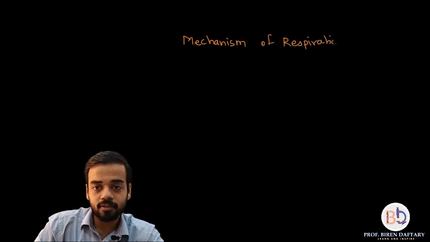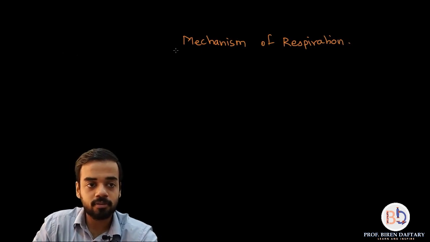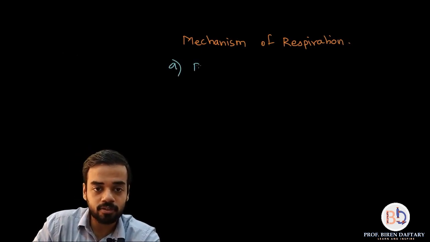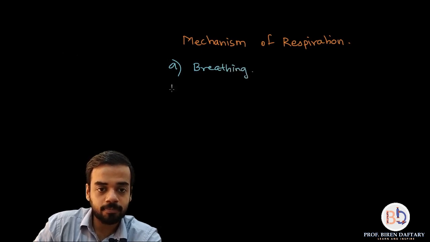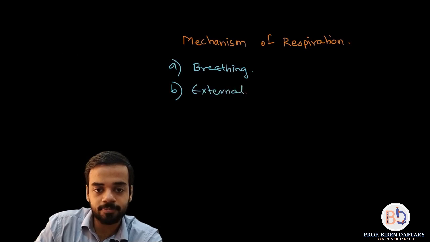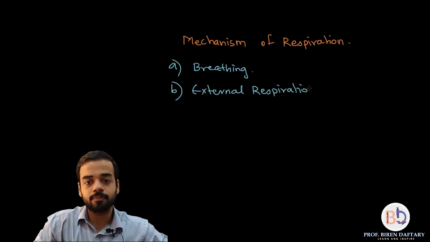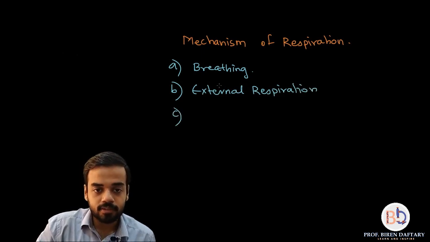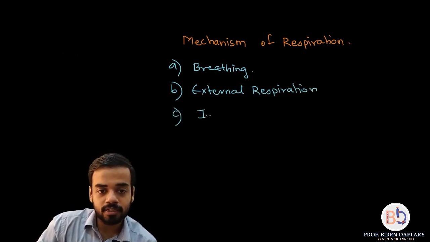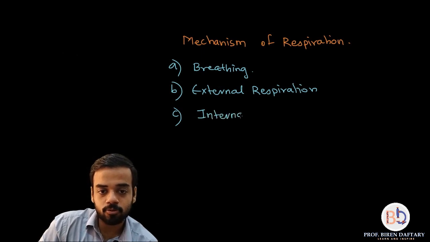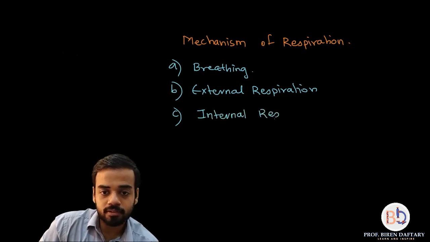Okay, so the first part under the mechanism of respiration that we will be studying today is breathing. The next part is called external respiration. Even this we are going to be studying today. Then the next part is going to be internal respiration. I'm going to cover this in a separate lecture, so we are not going to do this today.